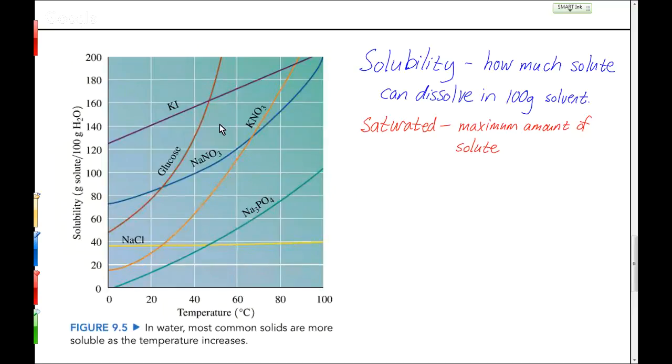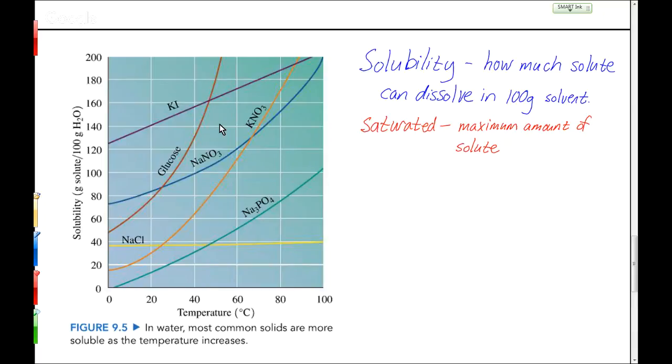How we do it instead is we put a certain amount of solute in water so that it doesn't really dissolve, and then we heat it up until it does all dissolve, and then we let it cool, and we watch for that moment at which some of it starts coming out. That's what you'll do in lab today. You'll see the potassium nitrate coming out of solution, like all of a sudden it'll get cloudy.